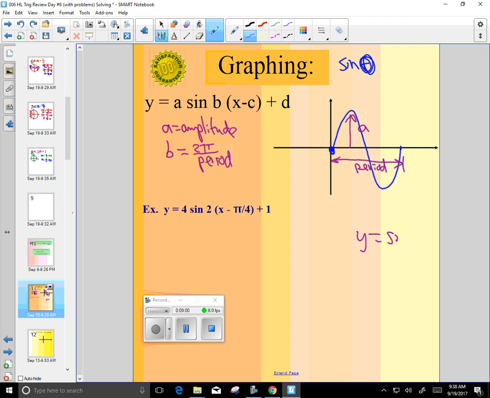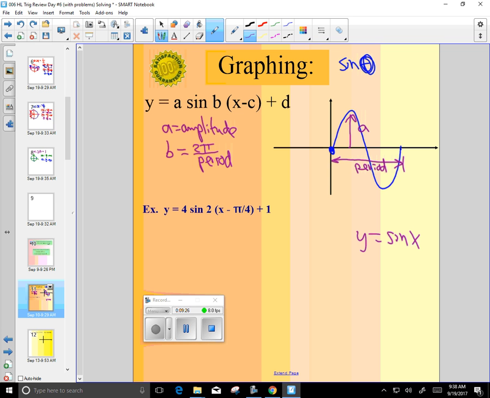Y equals sine x. What's the period of that? What's the period in radians? 2 pi, right? So what's the number in front of the x? 1. So that makes sense. 1 times 2 pi. What if the period was half as big? Pi. Okay?